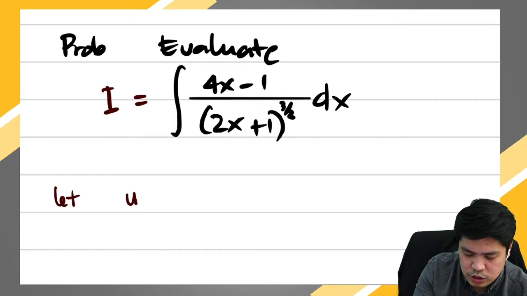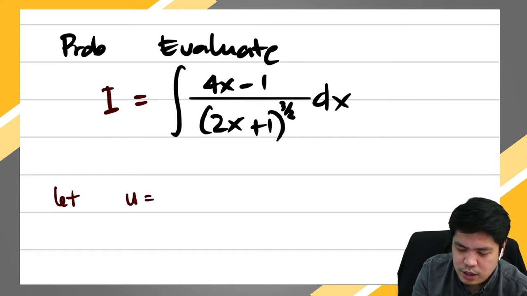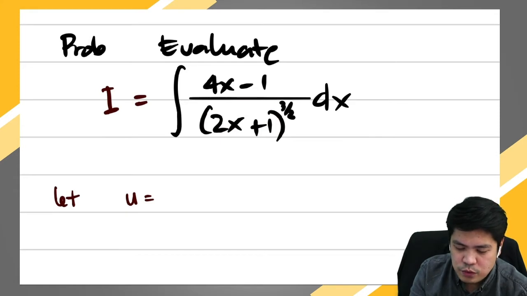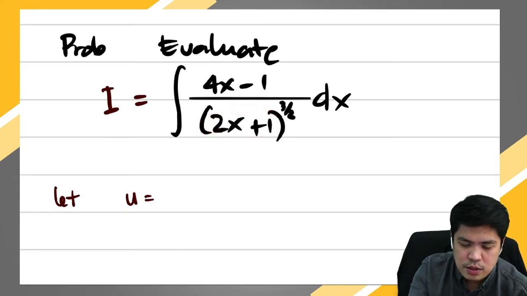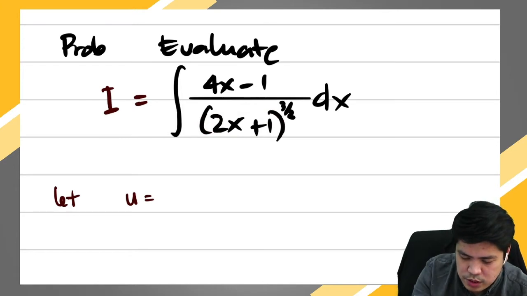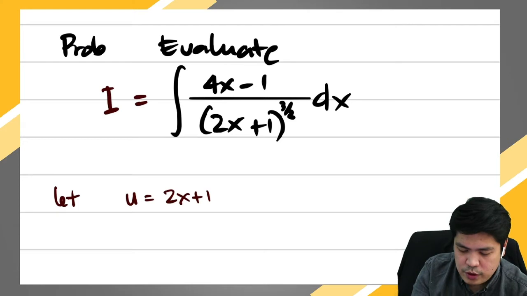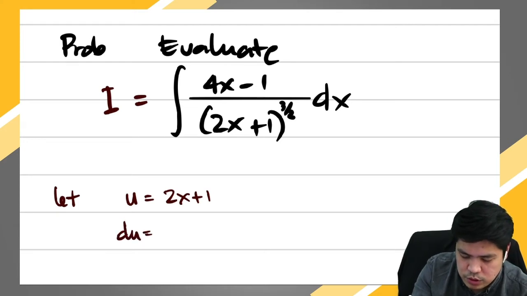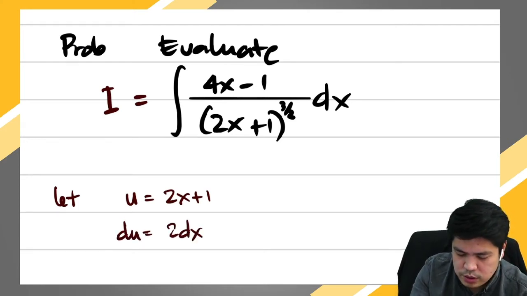So if we let u be equal to this, this will represent u. Of course, if we change u, we also need to change du. So if u is equal to 2x plus 1, then du will be 2 dx.